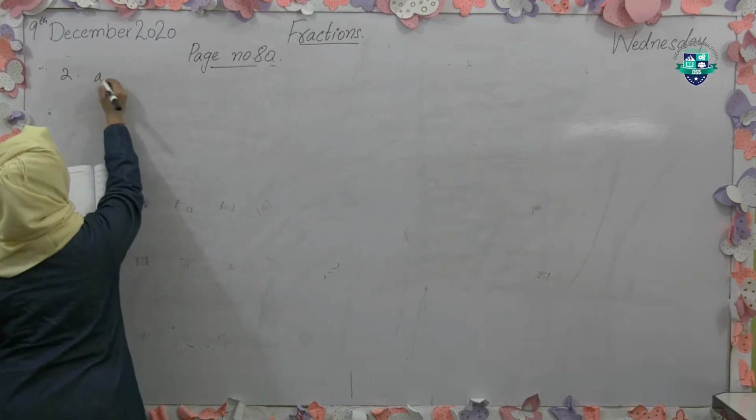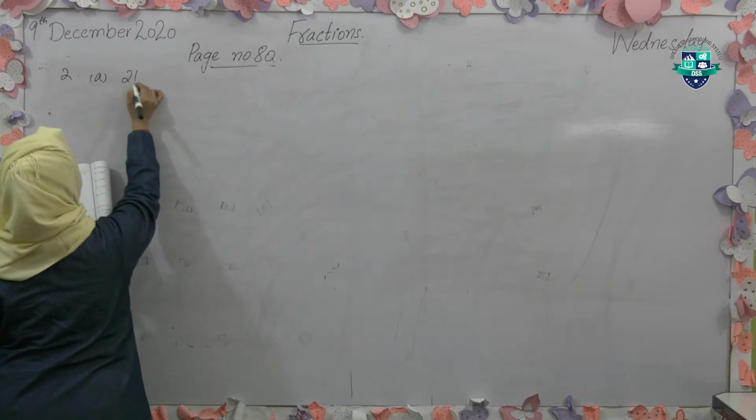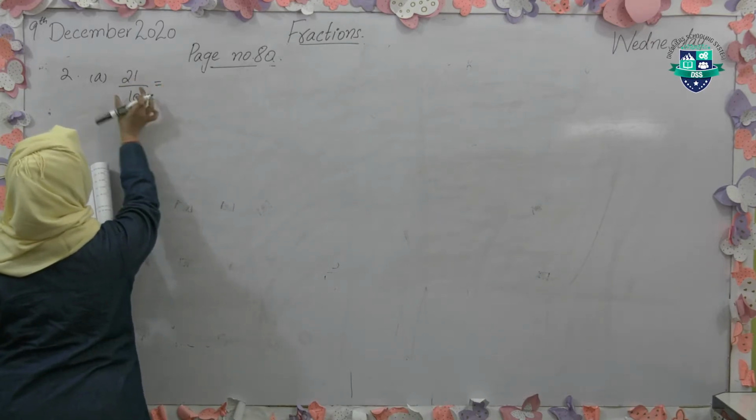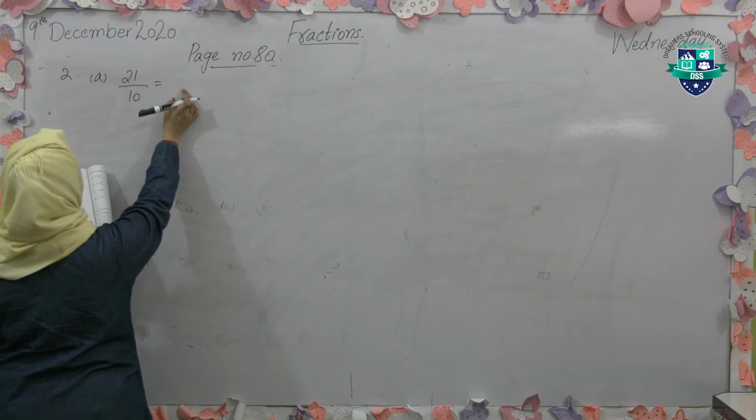They have given us in question number 2, 21 by 10. They have given us an improper fraction. We have to change it into a mixed number.